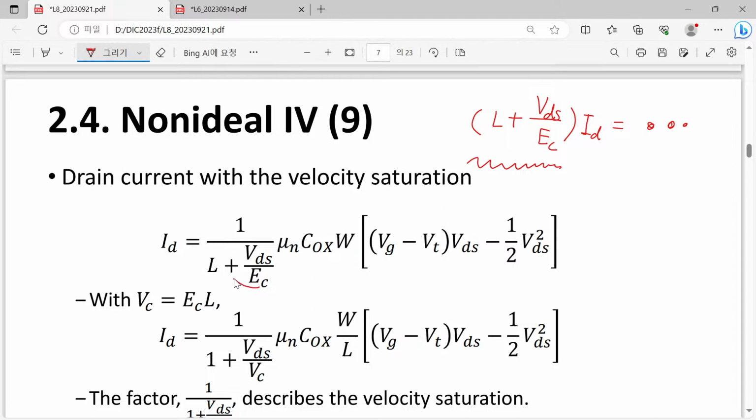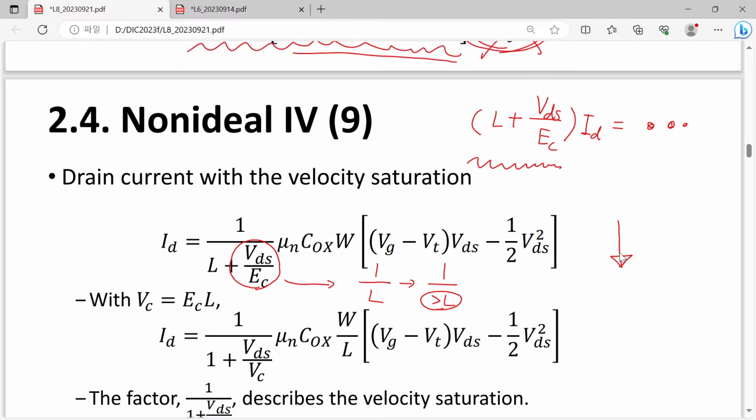When we have this additional factor, since 1 over L now becomes 1 over something which is larger than L, your ID will be decreased. So that is understood. Your current level itself will always be decreased when you consider this velocity saturation effect.